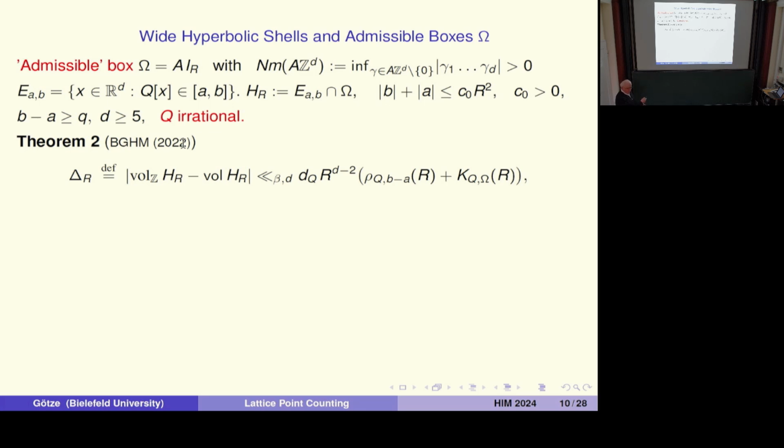And if the box boundary is aligned with the lattice, I am likely to catch a lot of lattice points if I am not careful. So I have to rotate the box or the lattice, whatever, in a certain nice irrational way to get what is called an admissible lattice, which means that the product of coordinates of any lattice point which is not 0 is bounded below. And you can construct such lattices explicitly very easily.